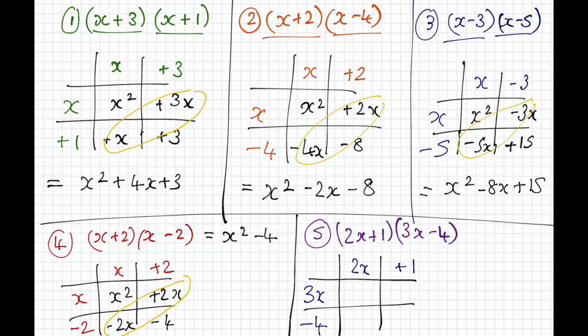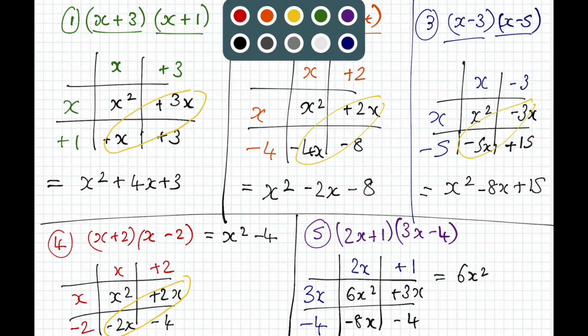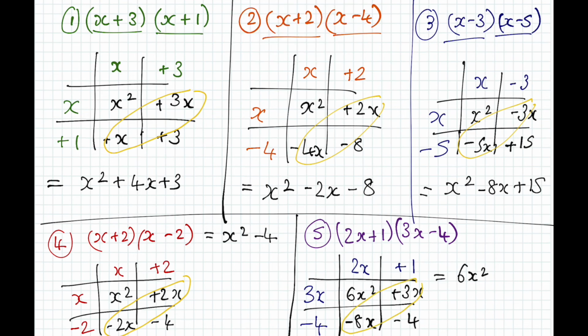Multiply out the expressions. This is going to give us 6x squared, that's positive 3x, minus 8x, minus 4. And then we simplify. So we're going to have a 6x squared, a plus 3x minus 8x. It's going to be minus 5x. And then a minus 4 on the end.